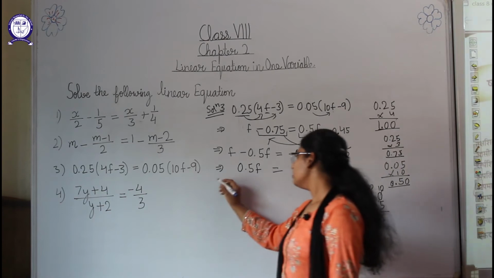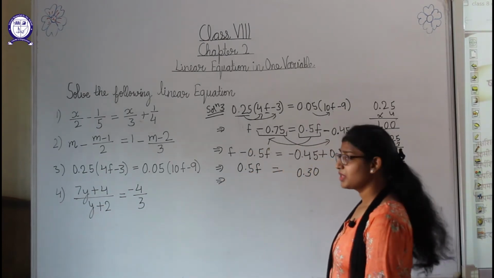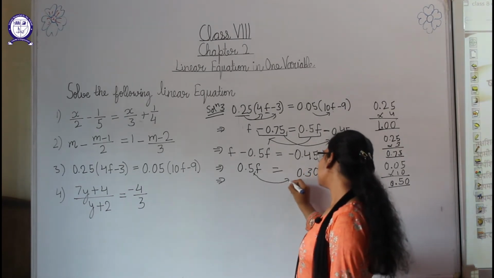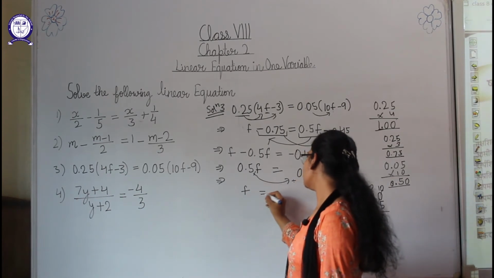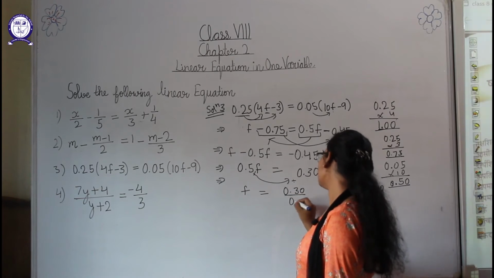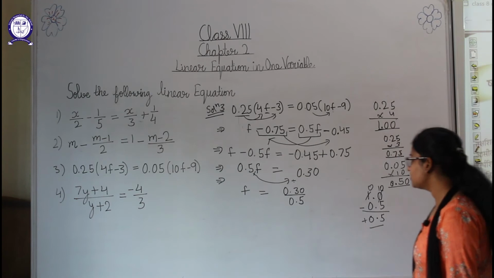Okay, now what we will do here, 0.5f is 0.5 is in the multiplication of f, so on that side it will be divided. Okay, so f will be equals to 0.30 divided by 0.5. Okay, now how we will solve this, students?